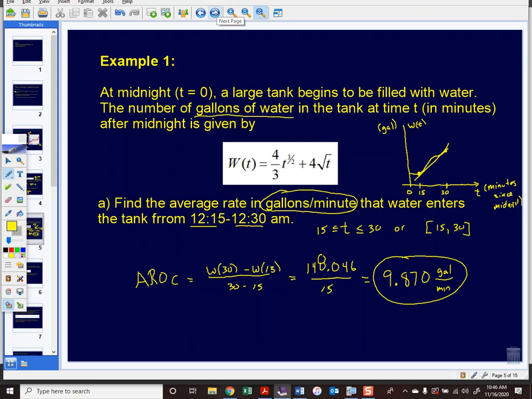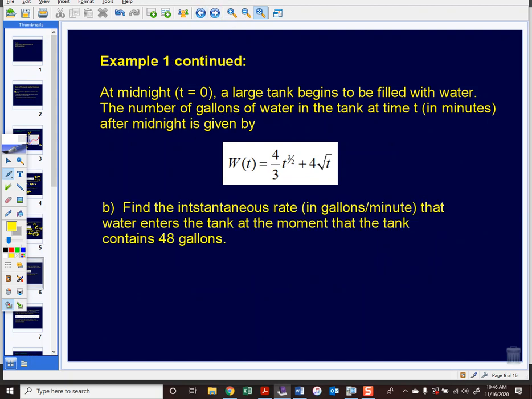Okay, well, part 2 of this is to find an instantaneous rate of change. So same introduction, same function, but this time it says find the instantaneous rate of change, also in gallons per minute, that is entering the tank at the moment that the tank contains 48 gallons.